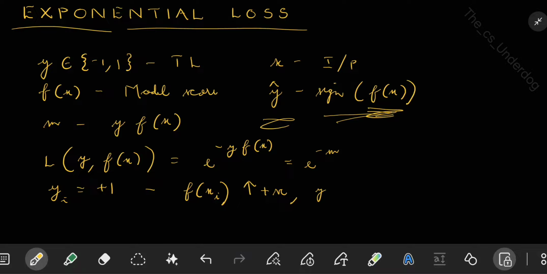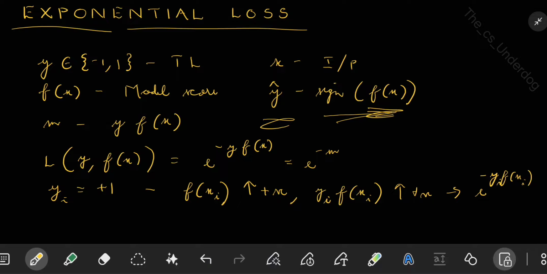This value will also be large and positive, because your yi is plus 1, as we already discussed, and f of xi is large and positive. If this is the case, then what will be the value of e power minus yi into f of xi?